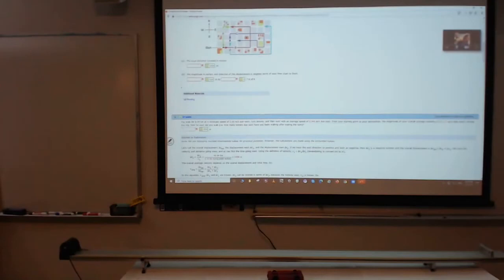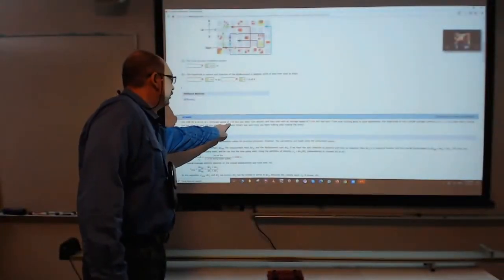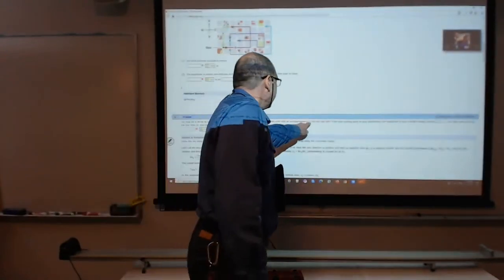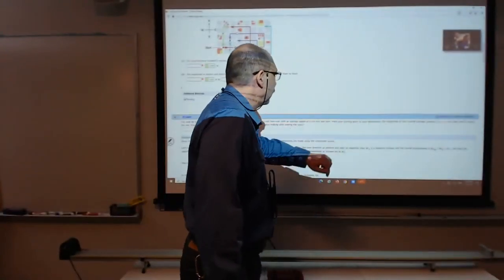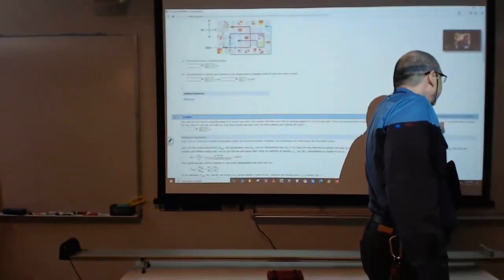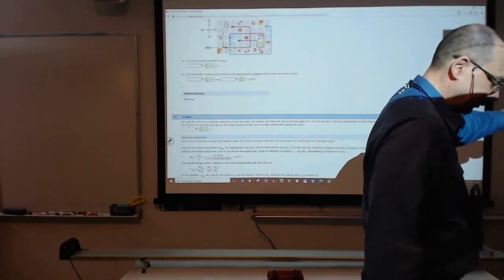Well, in my example, you may have different values. That's going to be speed for the motion to the left, speed for the motion to the right. And this is the magnitude of average velocity for the whole trip.